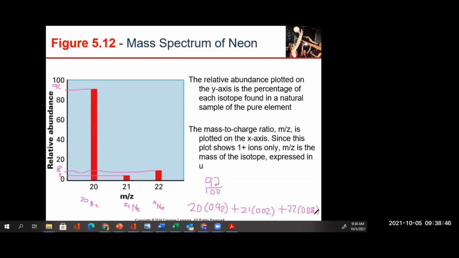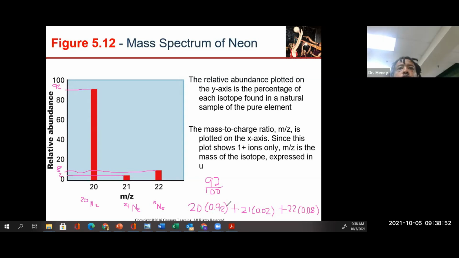So the equation you just wrote would equal the 92? No, this whole equation is not going to equal the 92.